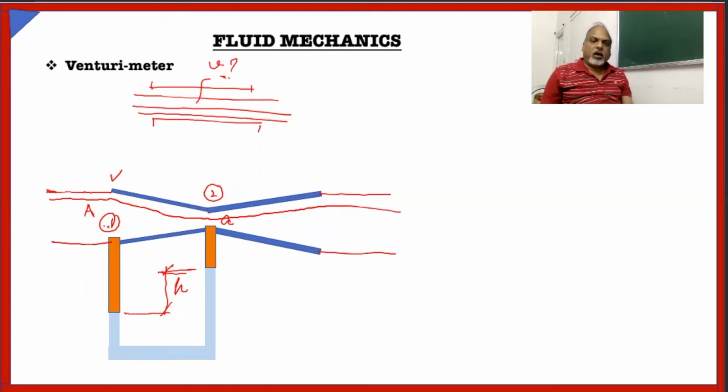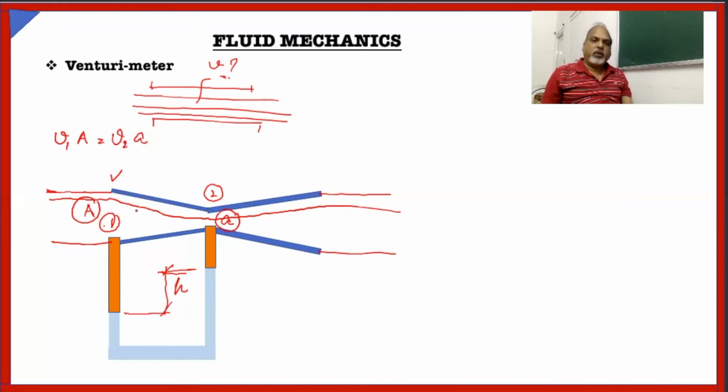Suppose here at point 1, area is A, and at point 2, area is small a. And as per the continuity equation, we know that V1 A will be nothing but V2 a.